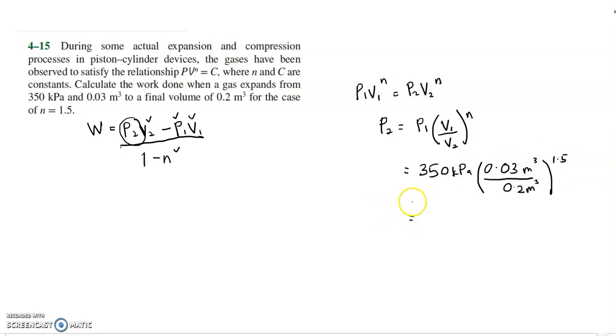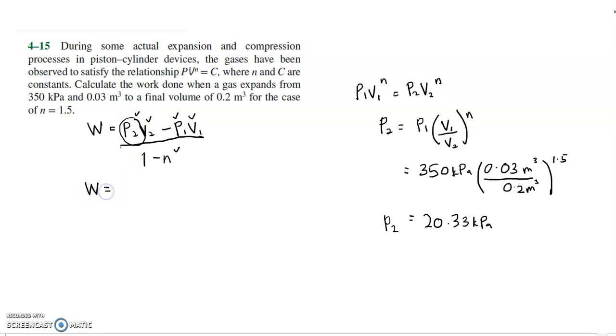So plug in all the values in calculator, solve this, you will get 20.33 kPa. P2 is this number. So now you have all the value to calculate for work done.